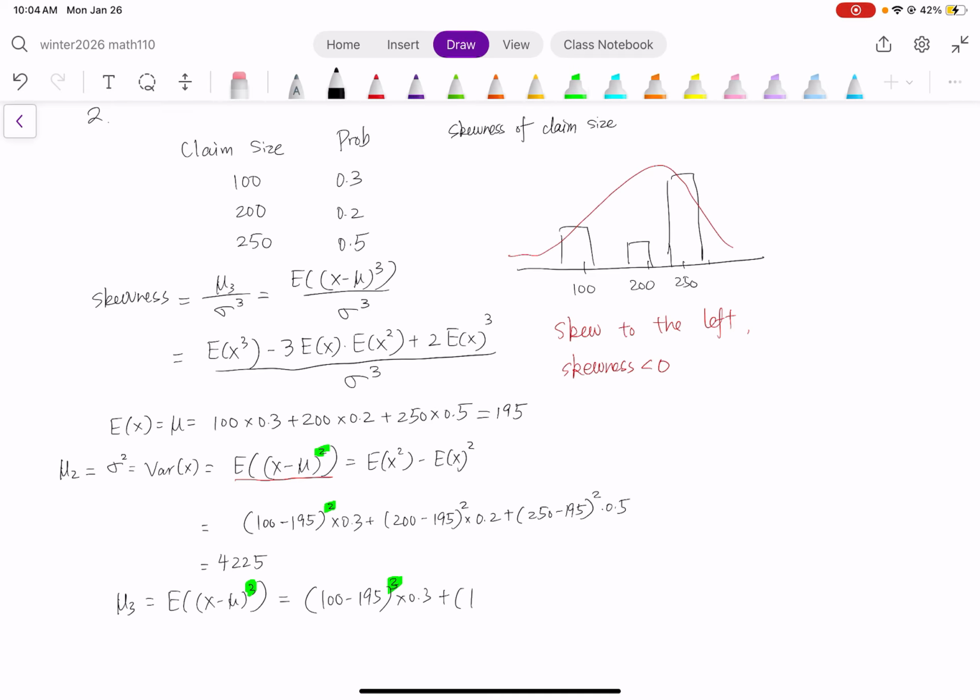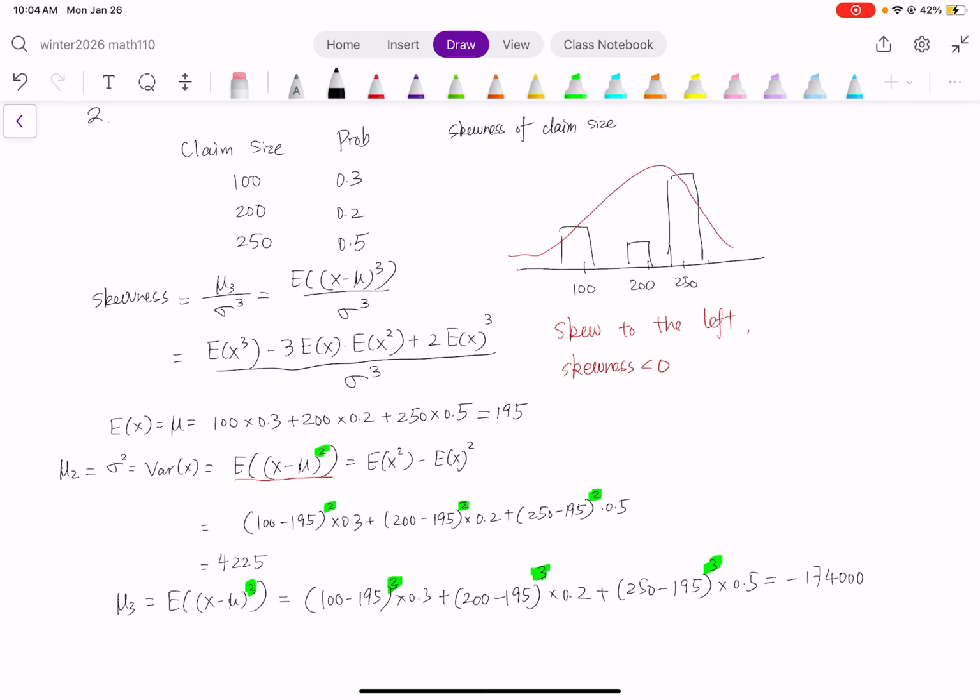Plus 200 minus 195 to the third, multiplied by 0.2, plus 250 minus 195 to the power of 3, multiplied by 0.5. You end up with negative 174,000. That's the third central moment.